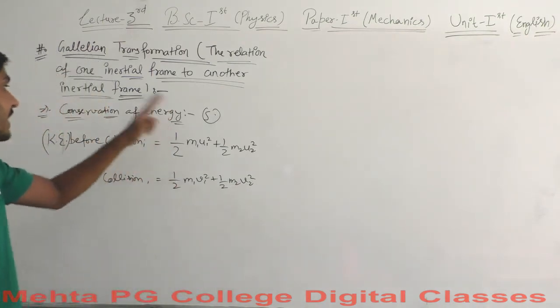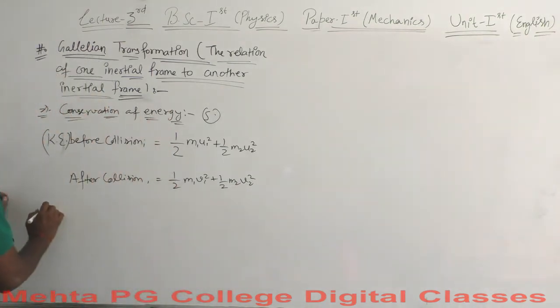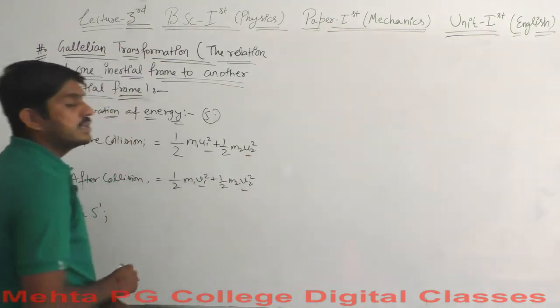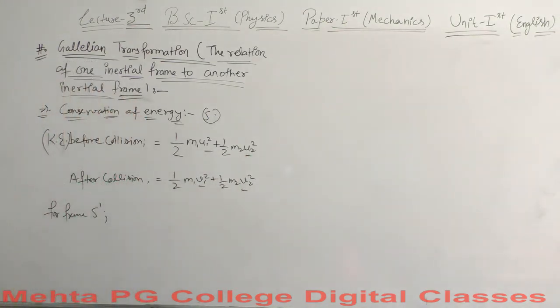Well, this is for the frame S. So what should be the values for the frame S dash?